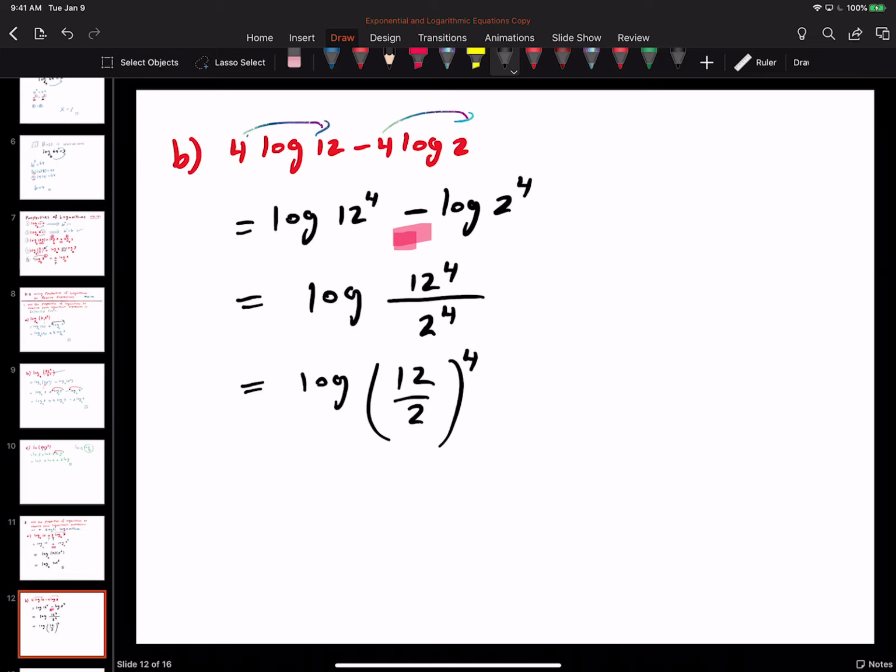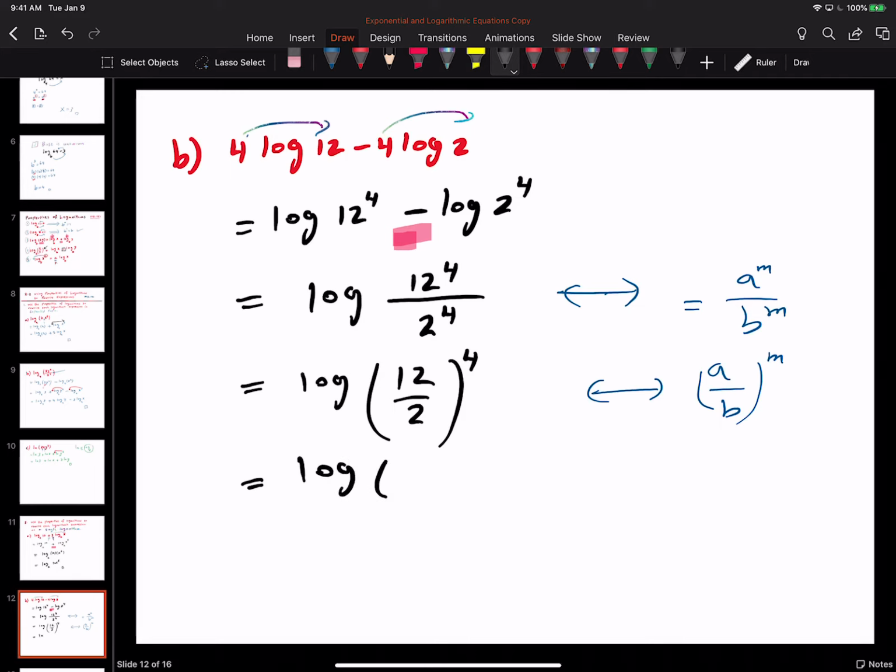If you remember the rules, a to the m over b to the m is the same thing as a over b, all to the power m. So that looks like this, and that looks like this. So we kind of took it backwards, took it back as one exponent. Now inside we have 12 over 2, which is 6.